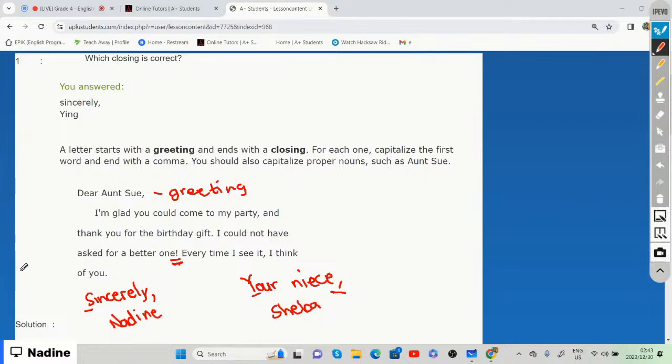So now Aunt Sue will basically know who is writing the letter. Even though in the letter Aunt Sue will get an idea as to who is writing the letter, just for safety's sake, you also need to close by writing your name, giving the reader an idea of who is writing the letter.